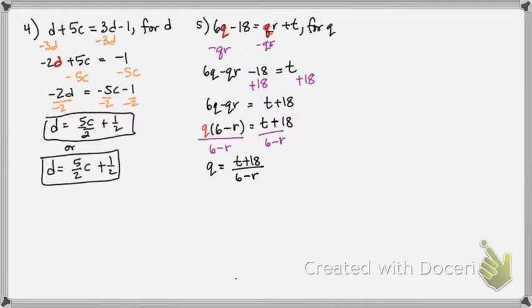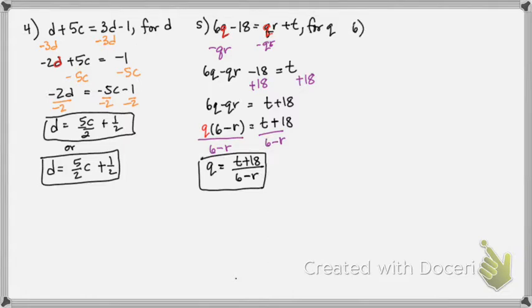Now, I know you guys are going to be tempted to want to reduce the 18 and the 6, but you cannot reduce things that are part of a polynomial. And a polynomial is when you take monomials or terms and you add them or subtract them. So you can't take pieces apart. You can only take out factors, okay? So this is actually as far as you could go on this problem.